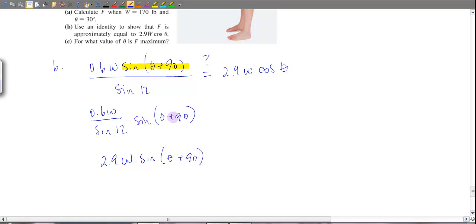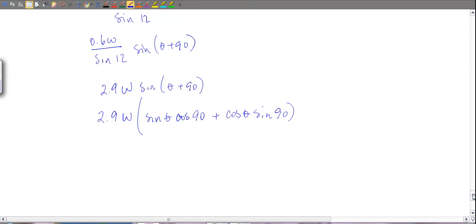Now I want the sine of theta plus 90 to look like the cosine of theta. I do that using the sum identity for sine, which is what we're practicing today. So 2.9 W times, when I expand this, the sine of the first times the cosine of the second plus the cosine of the first times the sine of the second. Let's simplify that.